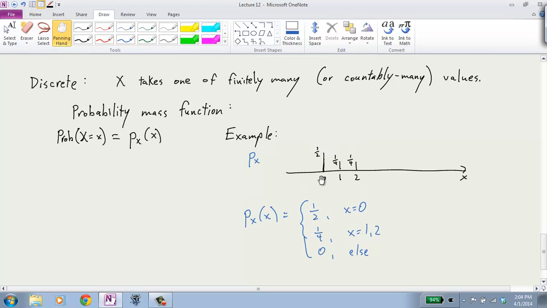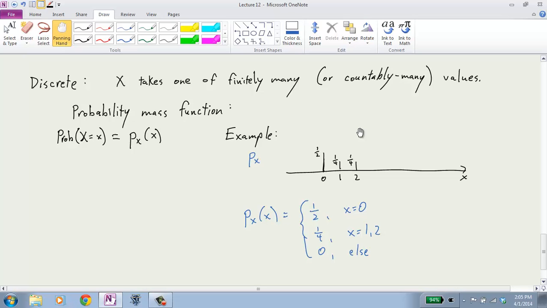And what does this mean about x? Does anyone want to offer up their thoughts about what this means based on what we've said? What's the probability that x is greater than a half? 0?